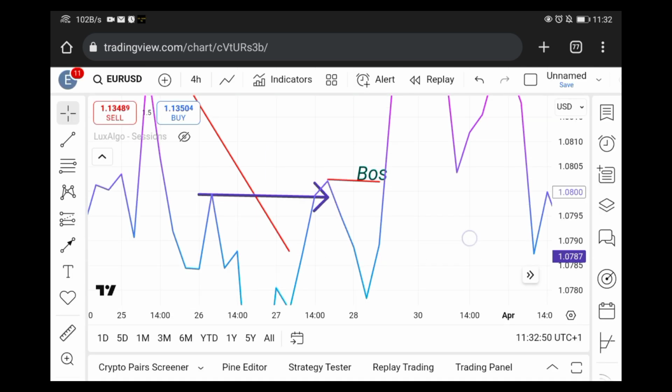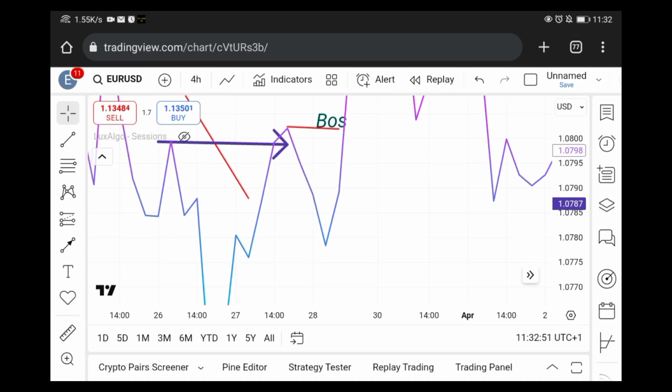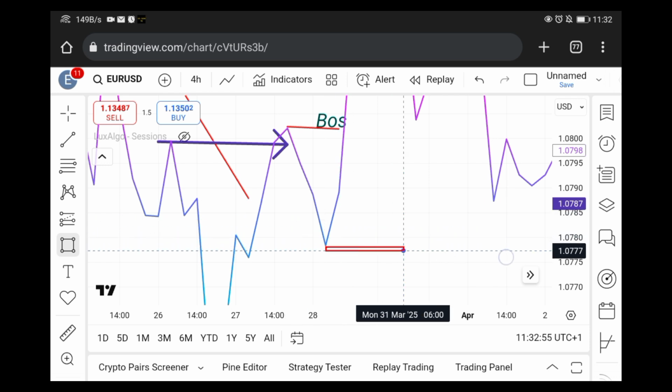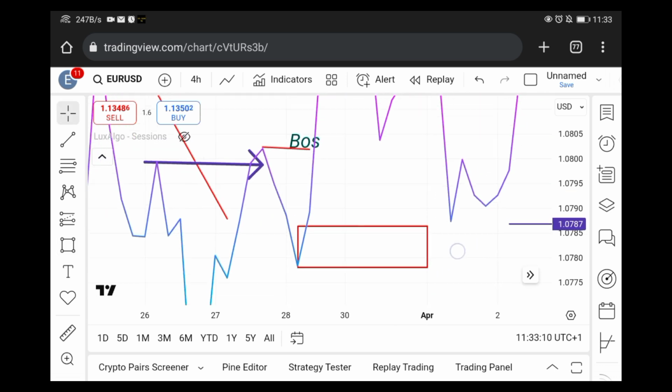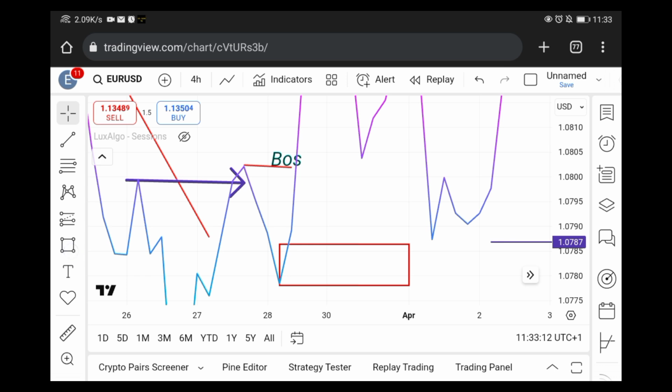So once that happens, here is where you will mark. You mark this place, you wait for it. Once you mark this zone, you have to go to your smaller time frame, or you can scale it from the H4. This zone is for you to look for imbalance around it.